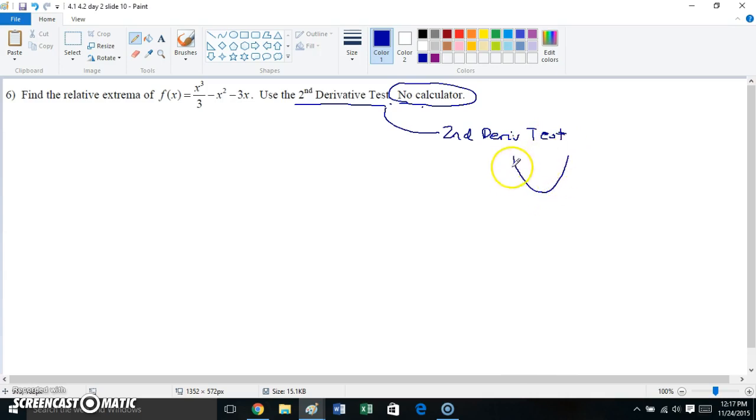So if a graph is concave up, meaning the second derivative is positive, but the derivative is equal to 0 at that particular value.